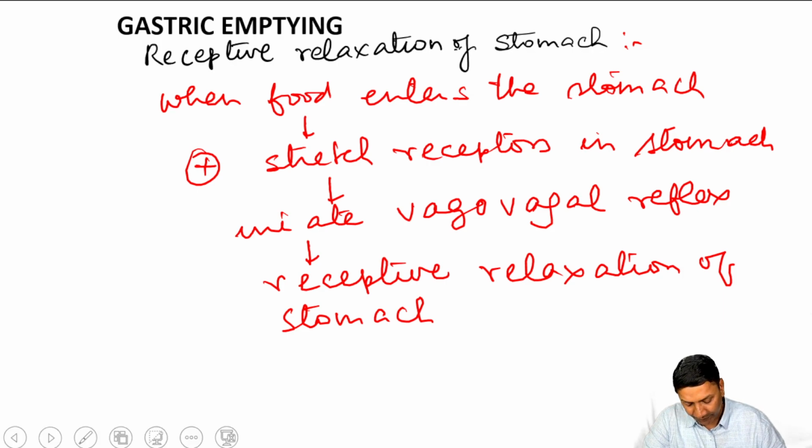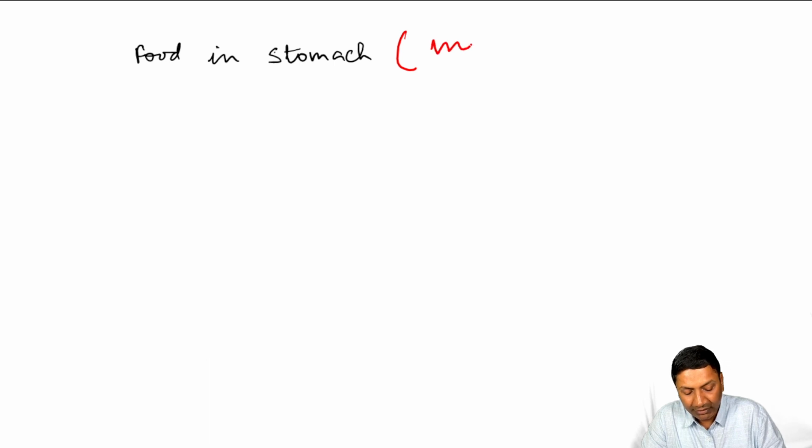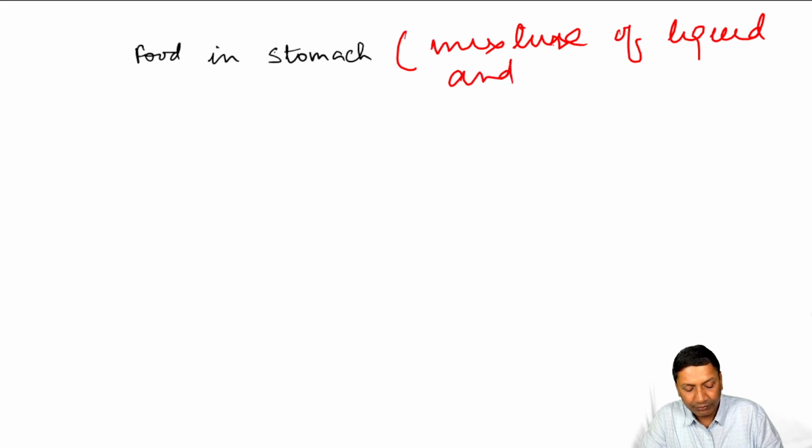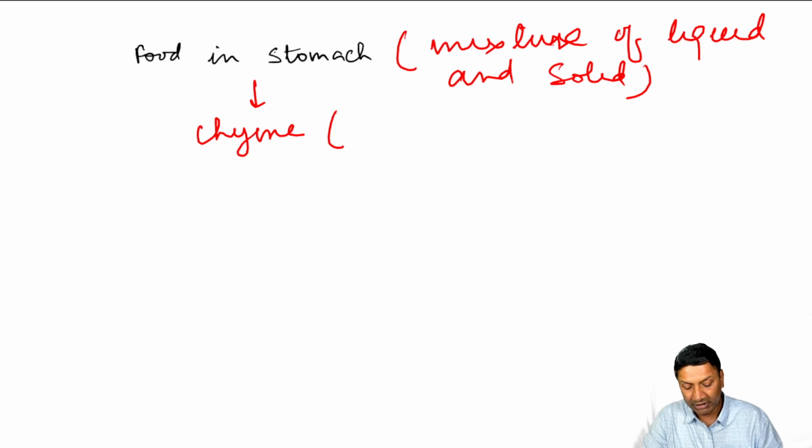Right. So the food in the stomach, which is a mixture of liquid and solid, will be broken down into a semi-fluid or paste-like structure, which is also called the chyme, by the vigorous movement of the stomach.